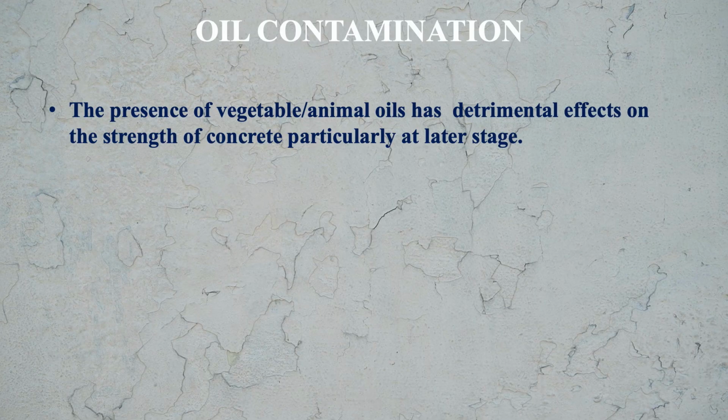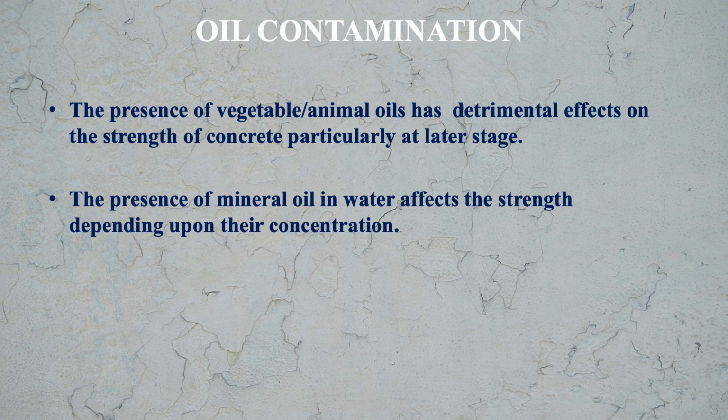Now let us see the effect of oil contamination. Means if oil is present in the water which is to be used for concreting purpose. The presence of vegetable and animal oils has detrimental effect on the strength of concrete, particularly at later stage.